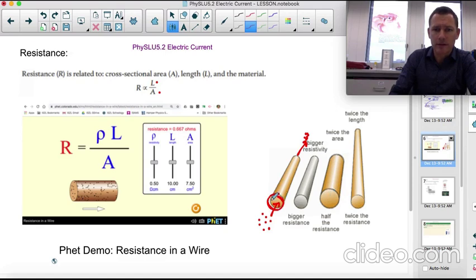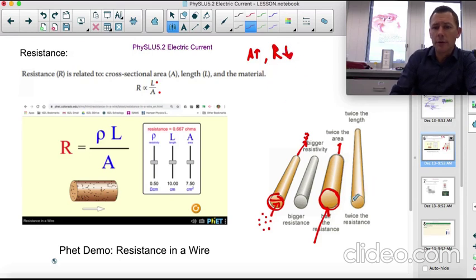So this has a certain diameter. This has twice the diameter, or maybe we should say the area, right? Because really it's the area that counts. So twice the area doesn't necessarily mean doubling the diameter, but we have twice the area here, so you'll get half the resistance of pushing this same set through here, right? So as the area increases, the resistance decreases.